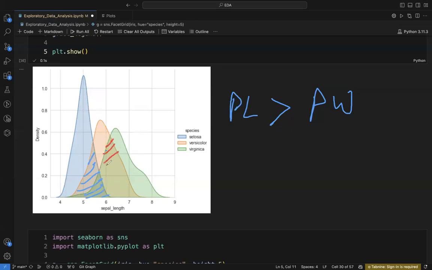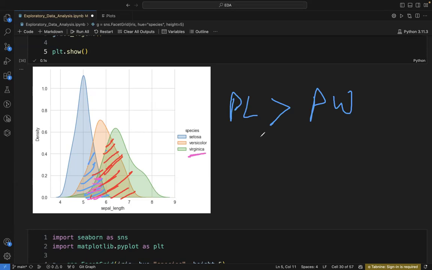Can you see this much overlap between virginica and versicolor? Fine. Also, there is this much overlap between setosa and virginica. So you can see here.